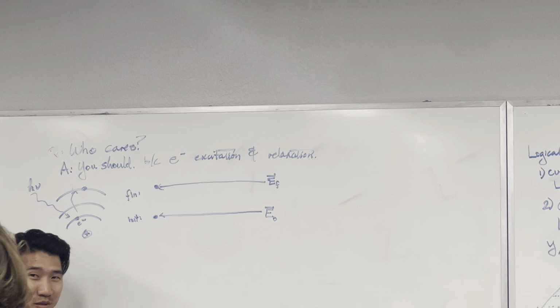So originally, it jumps here, and so we're going to have an electric field that looks like this. It jumped up, we're going to have the delta E. But when it relaxes, it's going to go from here all the way down to here. So the electric field is going to look like this.